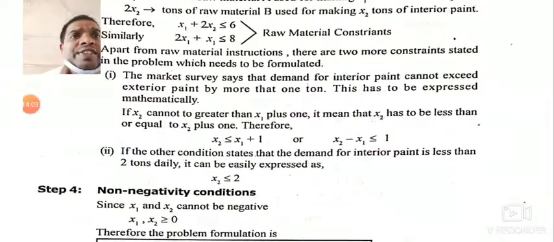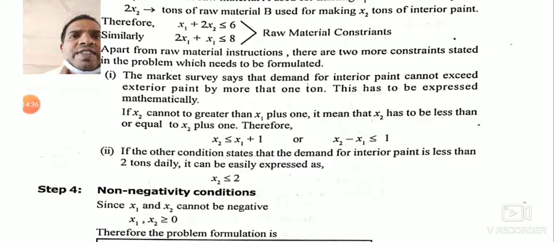And he has also given other constraints like this: the market survey says that demand for interior paint cannot exceed exterior paint by more than 1 ton. This has to be expressed mathematically. If x2 cannot be greater than x1 plus 1, it means that x2 has to be less than or equals to x1 plus 1, or we can write x2 minus x1 less than or equals to 1.